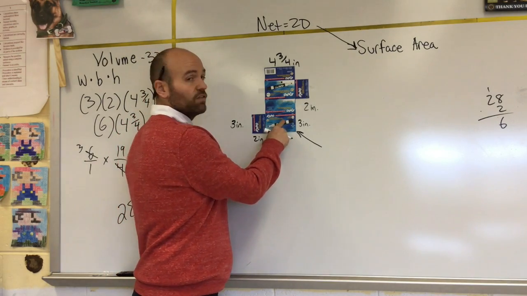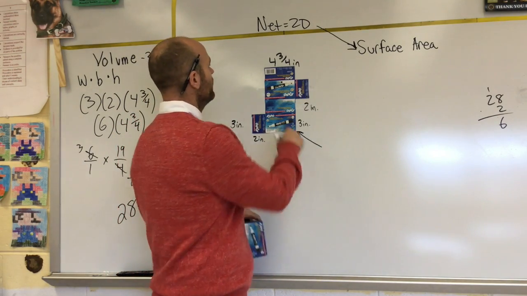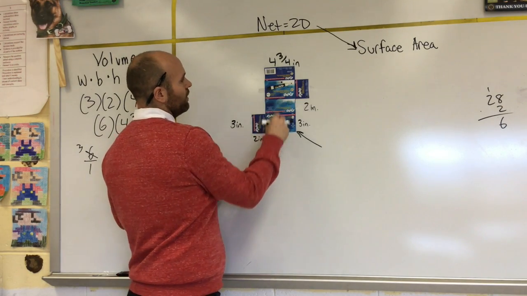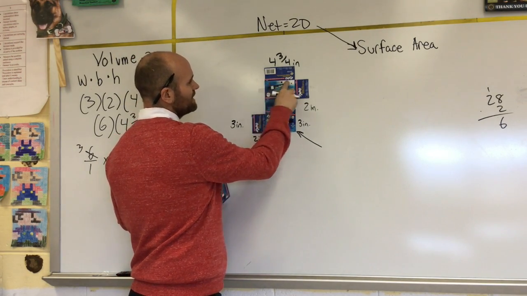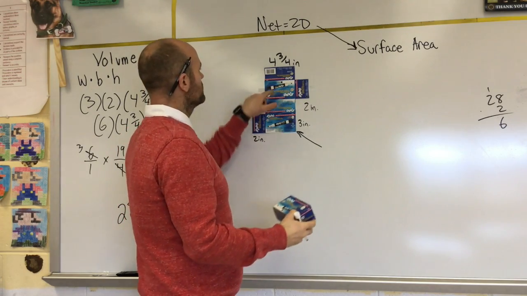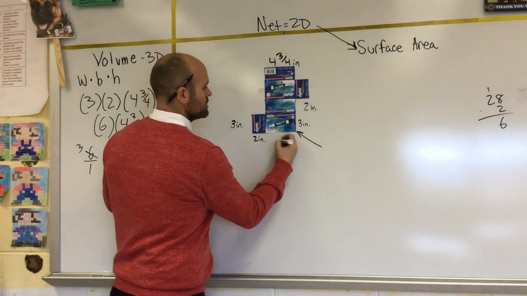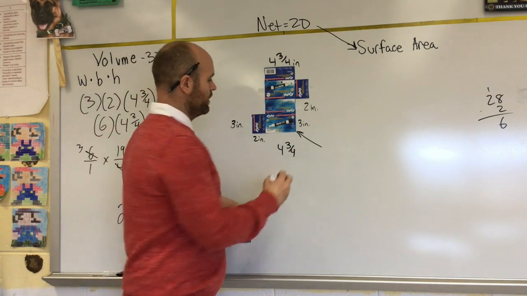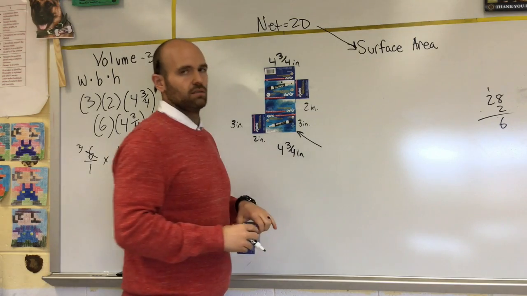So I'm just looking at this face, just this face right here. I've made a net, taken it from 3D to 2D. Now, if this side length, which is the back of the box, is 4 3/4, then this side length also has to be 4 3/4 inches.